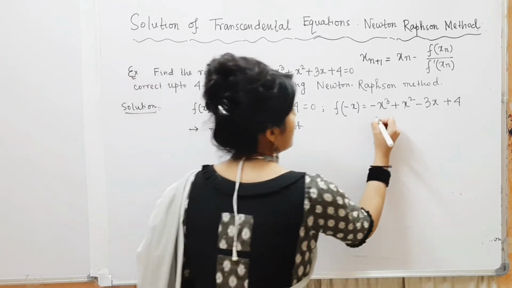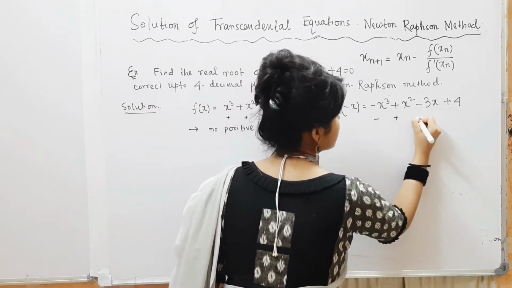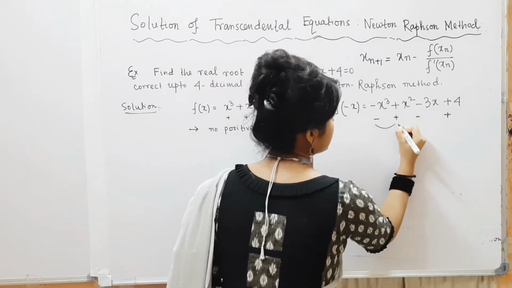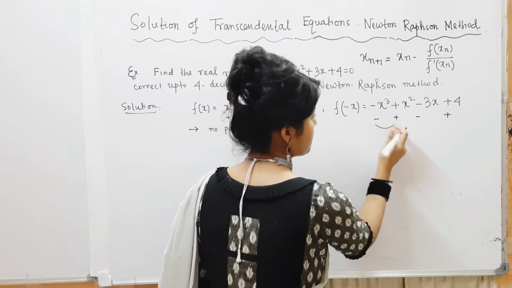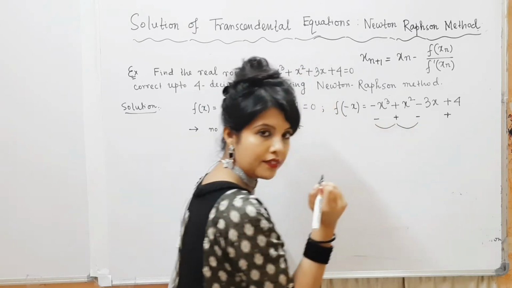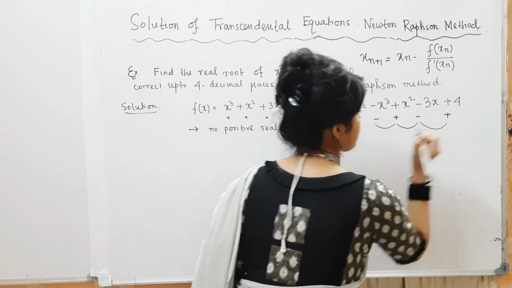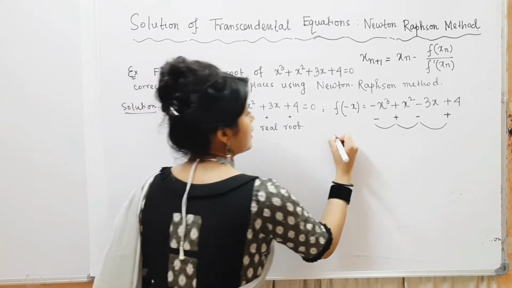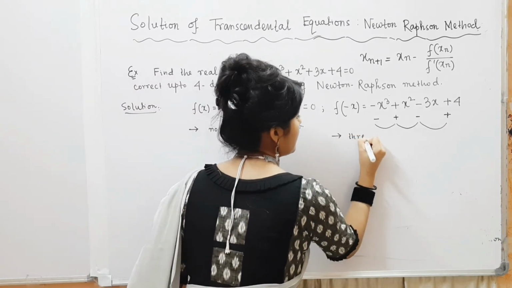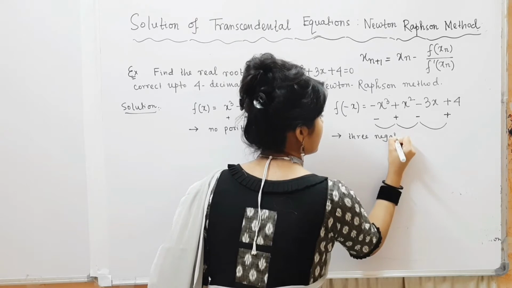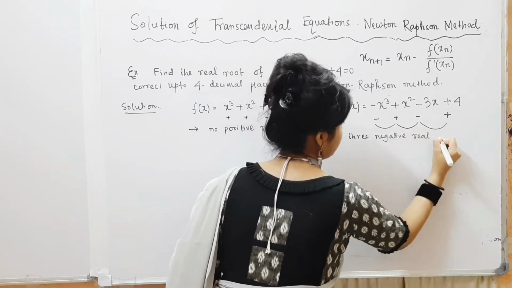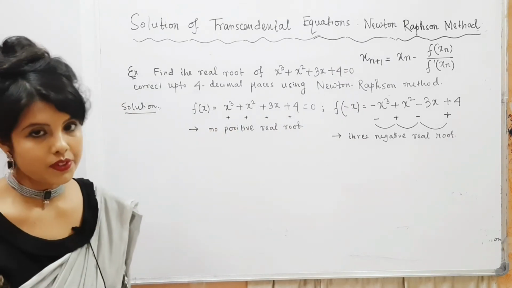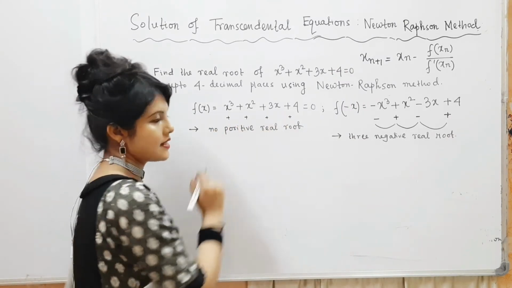Look at that, this is negative, this is positive, this is negative, this is positive. So there are 3 changes of sign, therefore this shows that there are 3 negative real roots. This equation does not have any positive real root because there are no changes in sign.